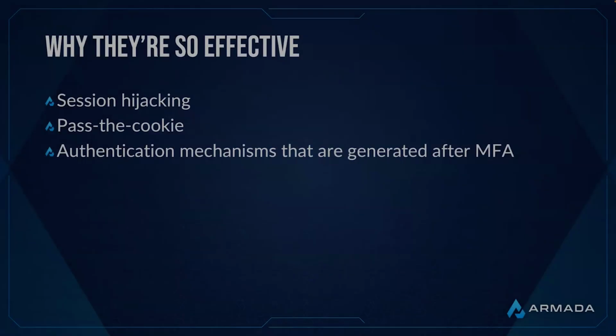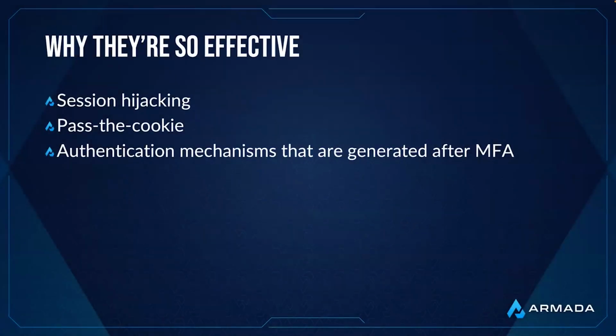So Infostealers account for a growing number of initial attack vectors. They're extremely popular, and they're extremely effective. They're really effective because there's a couple things that they're doing, right? So they're info stealers. So what they're looking for is simply information that's on the machine. And that could be things like session cookies.